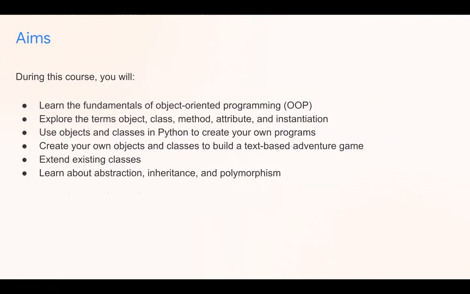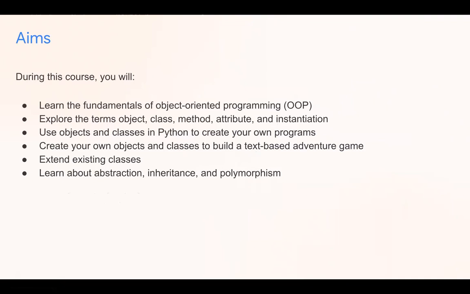We're gonna learn the fundamentals of object-oriented programming, and concepts like object, class, method, attribute, instantiation. We're gonna use these terms practically to create our own programs, and we're gonna create some adventure games using these concepts like objects and classes.